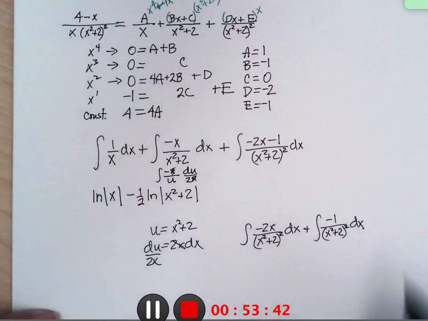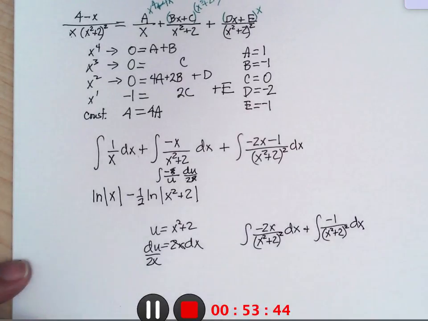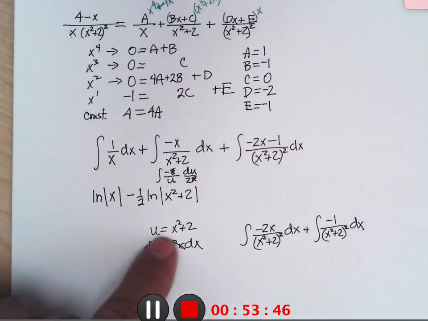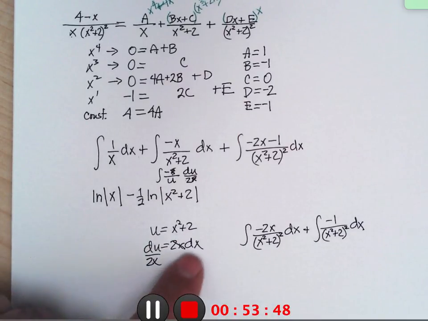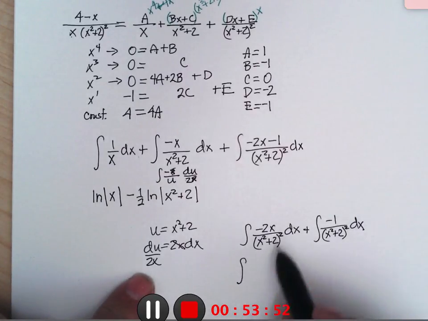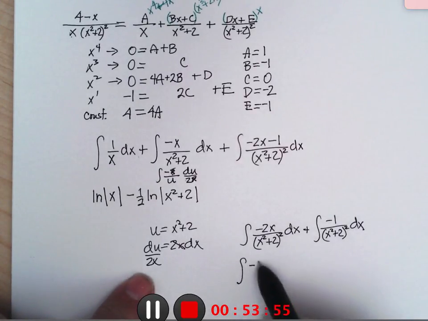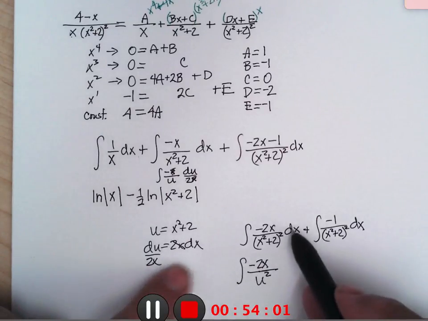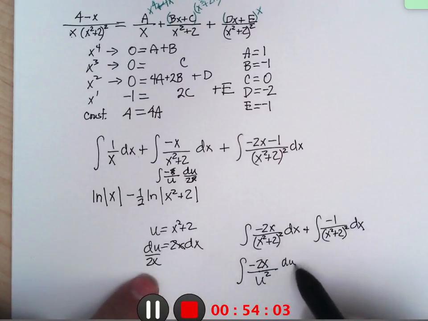This one's not bad. We'll do the same u sub here, so we get the same dx. So this becomes the antiderivative of negative 2x over u squared, and dx is du over 2x.